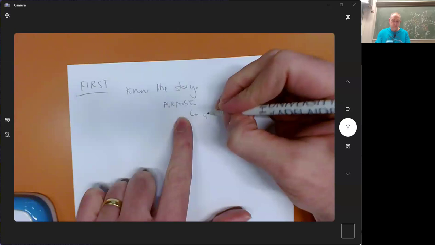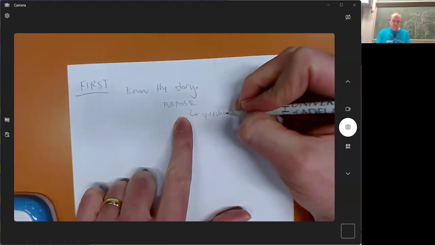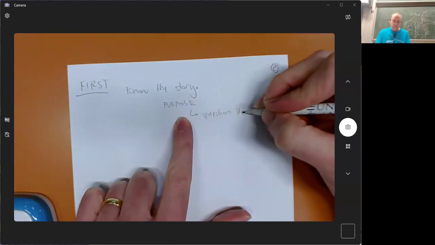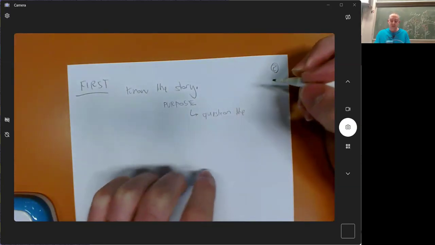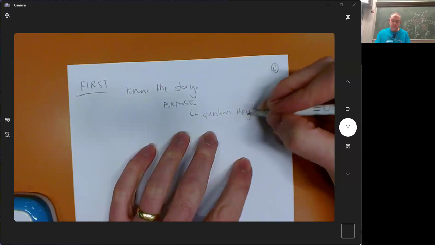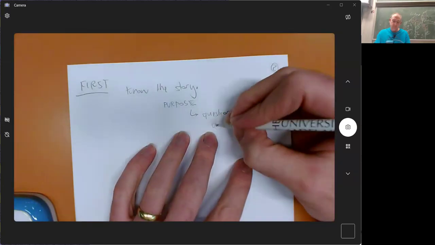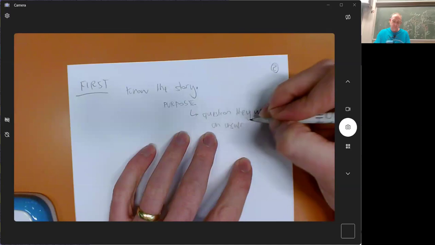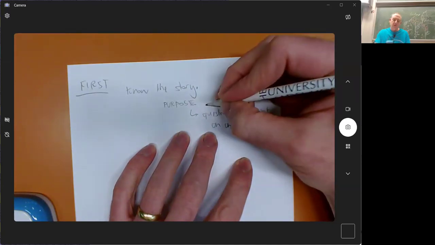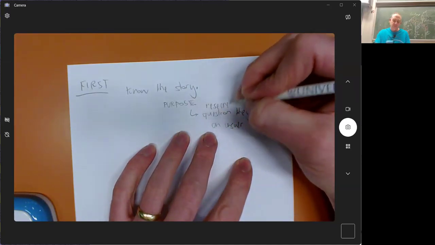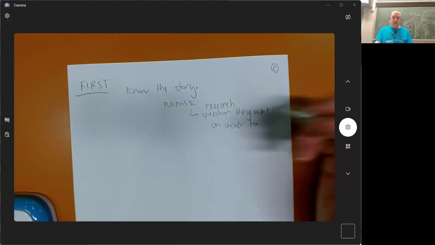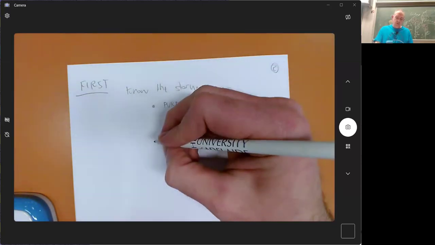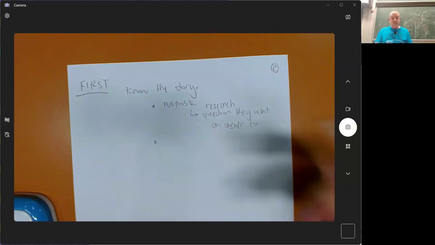So there's a question the characters in the story want answered. And I usually call it a research question that they want an answer to. And it's important to know what that question is. That's the purpose.